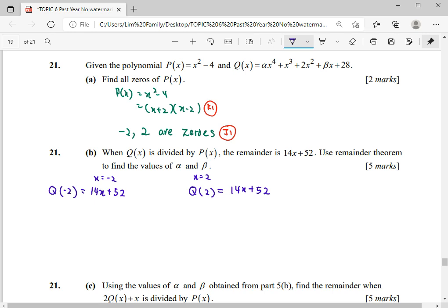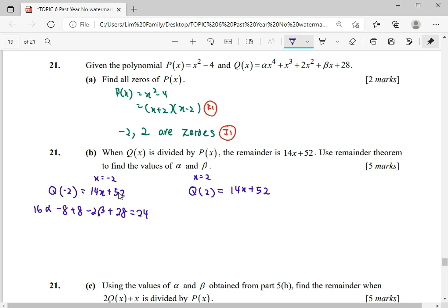It will become 16 alpha, then negative 2 cubed gives minus 8, then 2 squared, 4 times 6 becomes positive 8, then negative 2 beta plus 28 equals 14x, so substituting negative 2, it becomes negative 28 plus 52, which gives us 24.